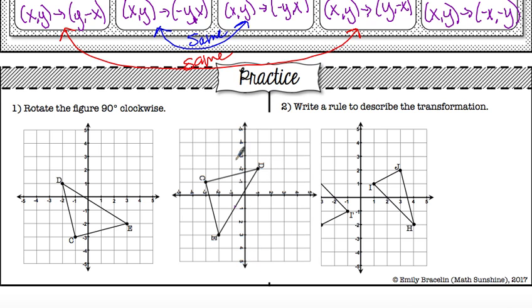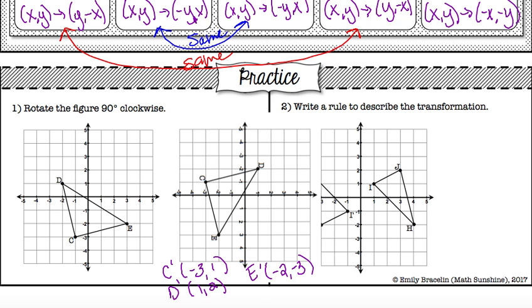Remember, you need to ignore the positives and negatives because they're not correct. C is located at -3, 1. D is 1, 2. D prime will be at 1, 2. And E prime will be located at -2, -3.